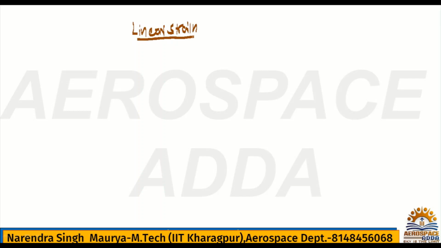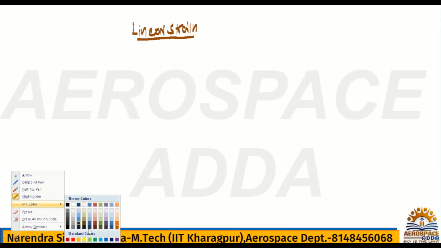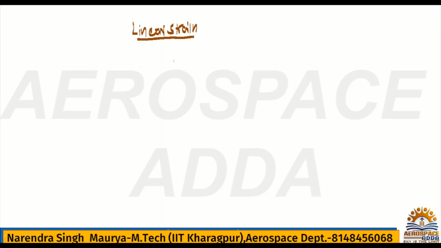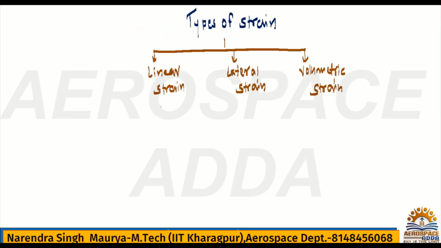For the linear strain, we can easily understand. Suppose we are taking one straight bar, and in this linear strain, two types of strain we have to talk about. One is called tensile strain.